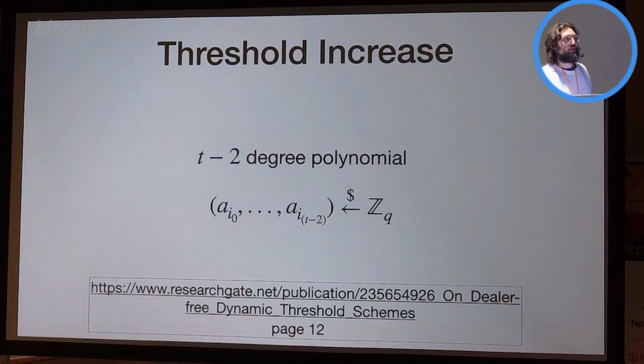So one way we could do this is we could run the refresh protocol, but we use a higher degree polynomial for the refresh polynomial. So our refresh polynomial had a 0 term for the first coefficient, and we're adding it to the existing polynomial, so the first coefficient doesn't change.